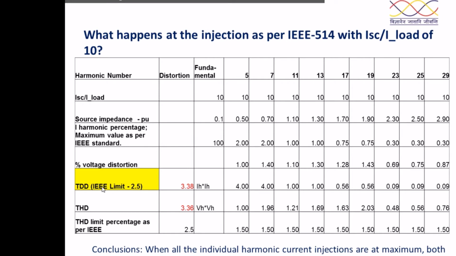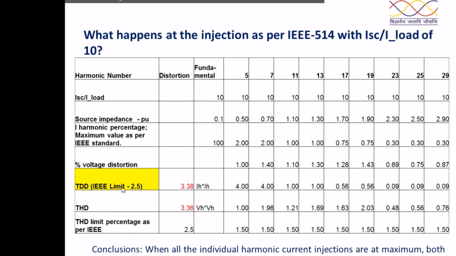Now let us see what the total demand distortion is. The total demand distortion is the square root of the sum of the squares of the individual harmonic current distortions. Current distortion is 2, 2 squared is 4, again 2 squared is 4, 0.3 squared is 0.09, and so on.